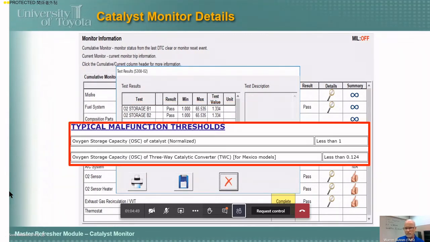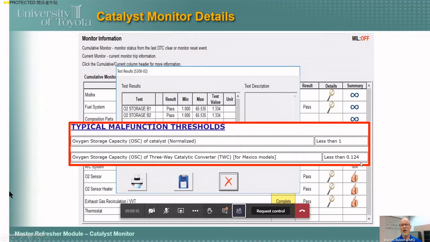Scott, click it again. If you went to the repair manual for this vehicle and you looked at the oxygen storage capacity of the CAT for North American vehicle, which this is, it shows you a value of less than 1. Well, my screen agrees with that on my minimum, right? I see the same thing there, but look below it for a Mexican vehicle. Yeah, it's about 80% less.